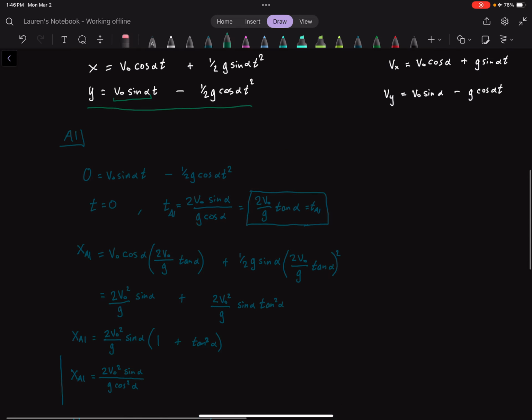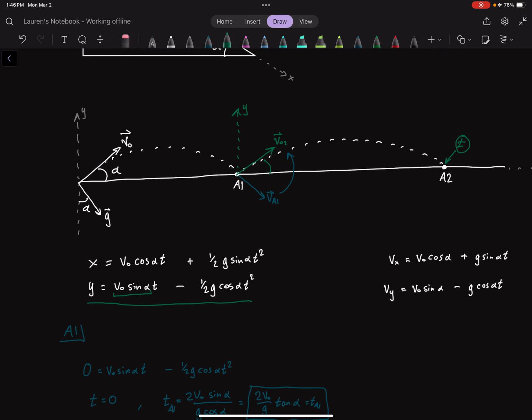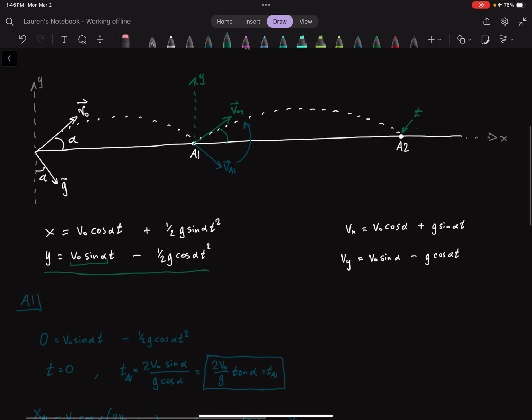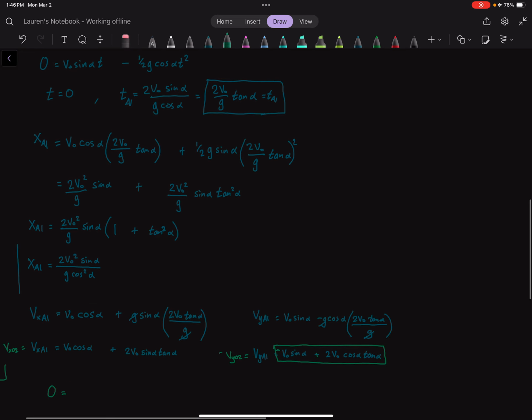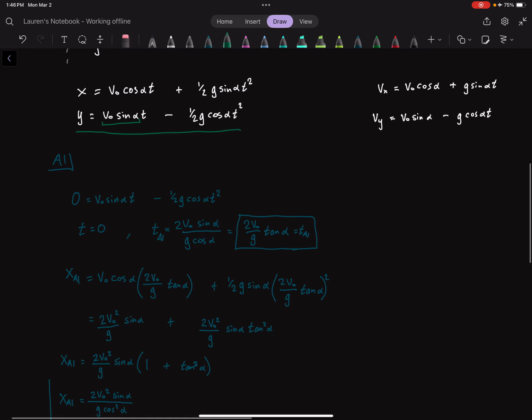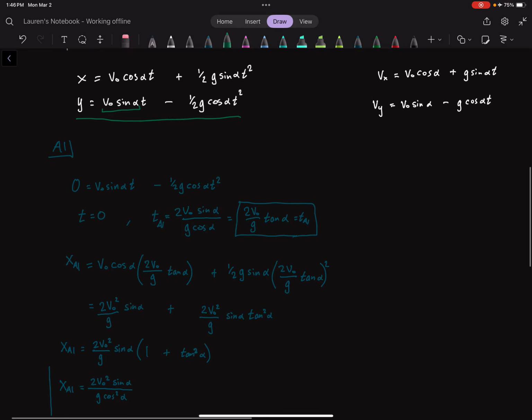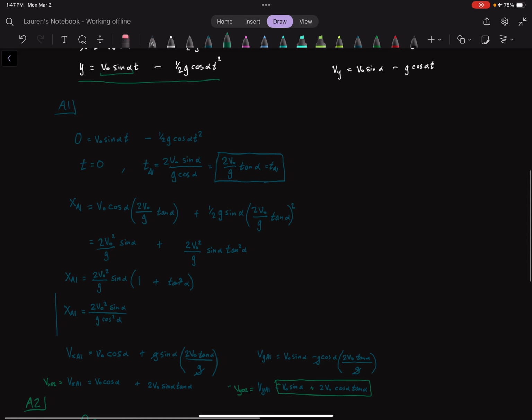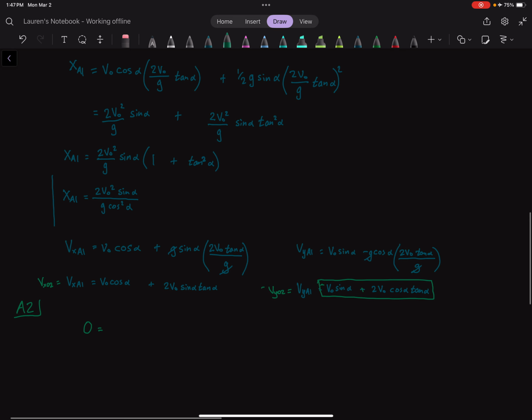No, we want at A2 rather. That's what I had said here. So we want the time at A2. Excuse me. So this is now beginning really in earnest, A2. So the y position is 0 at A2, right? And so we can say y, looking here, 0 is equal to, maybe I zoom out a little bit, give us more view. And then instead of v0 sine alpha, which is just the y component of the initial velocity, we're going to write all this junk that I've boxed in green, right?